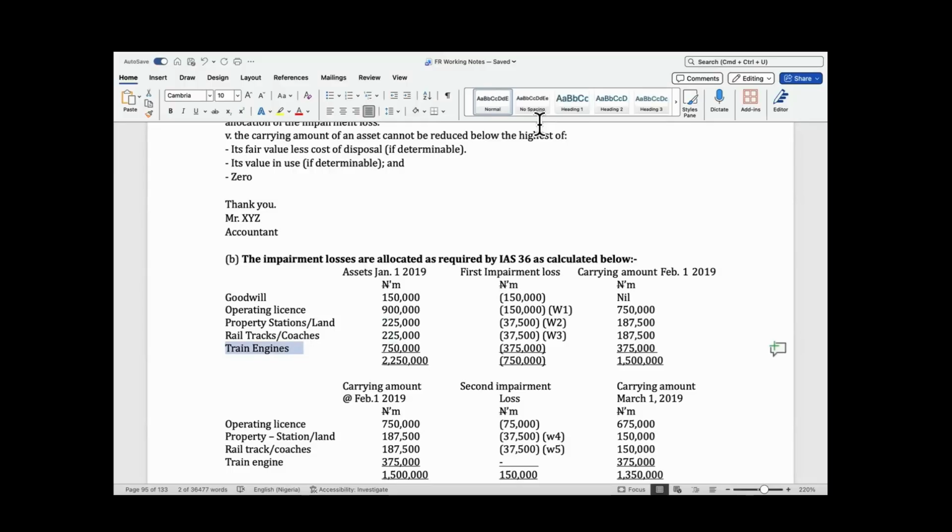You told us in the question that the value there represents its fair value. They told us in the question that the other train engine represents its true fair value. So we are not supposed to impair it since there was no fall in value in that other train engine. Okay, good.